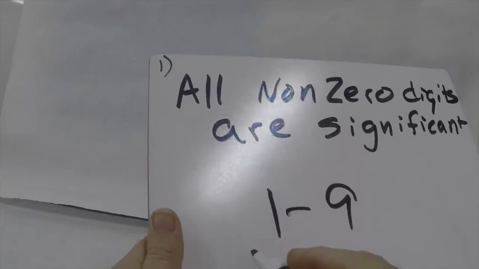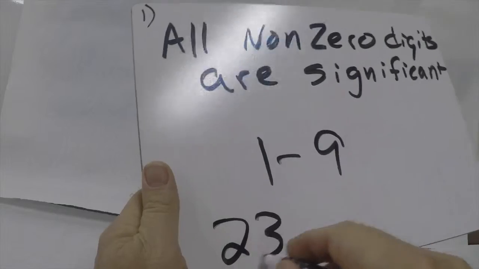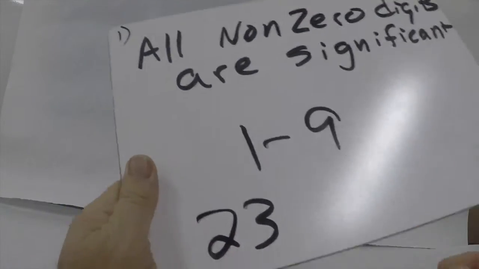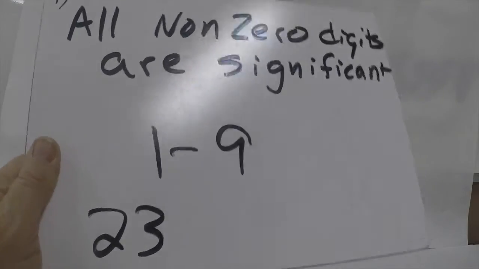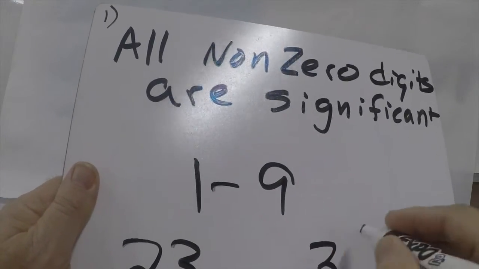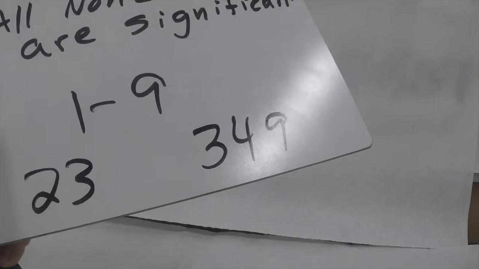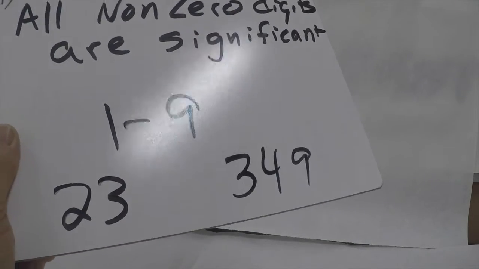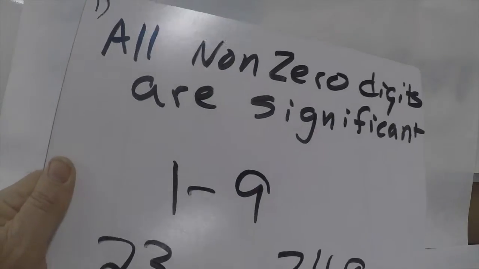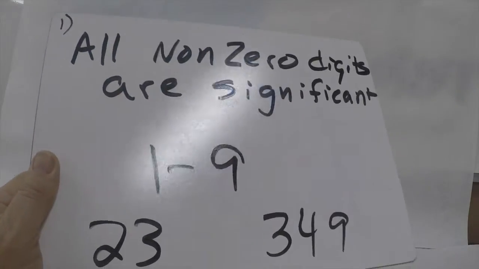So if I asked you how many significant digits are in the number 23, you could easily tell me there are 2, because there are 2 non-zero digits. Or if I said how many are in the number 349, you would say, oh, there's 3, because there's 3 non-zero digits. That rule is easy. One rule for the numbers 1 through 9.